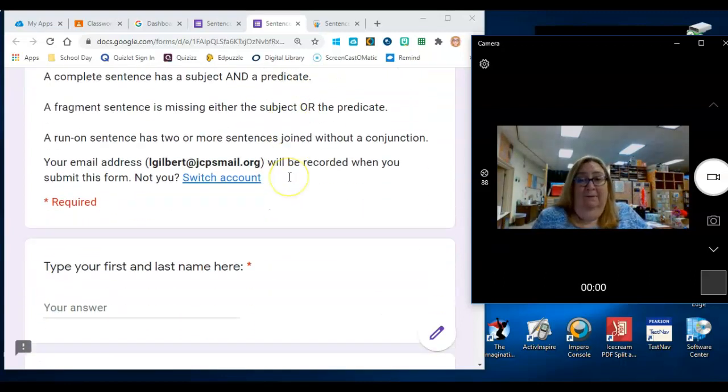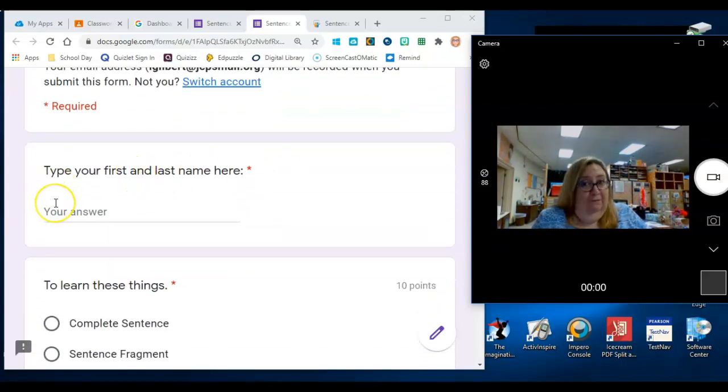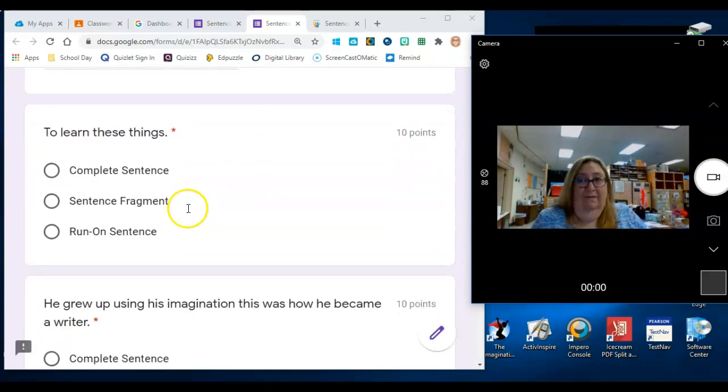This is what you'll do today. First, you'll type your first and last name here, and then you'll look at the sentence to learn these things. Okay? Who or what is this sentence about? I don't know either. It doesn't say.